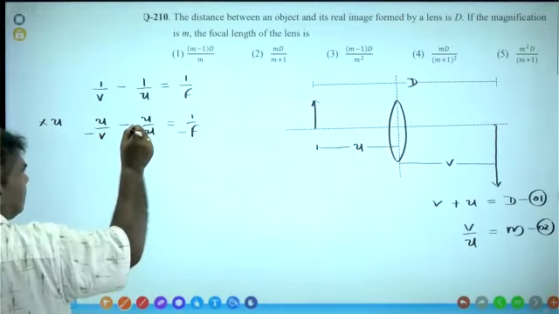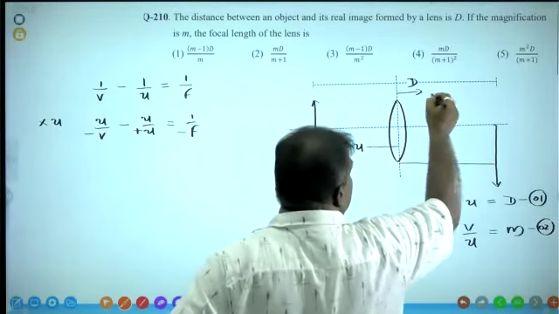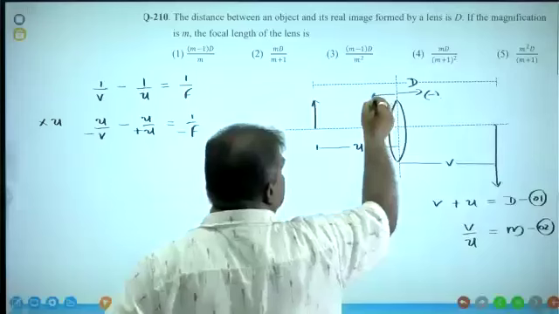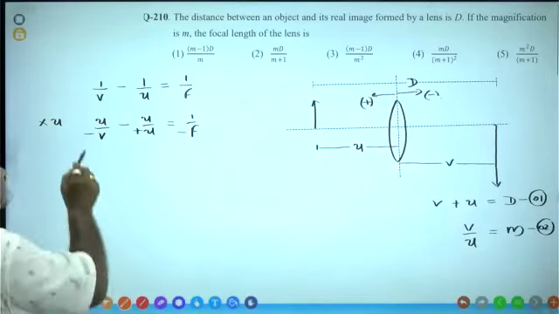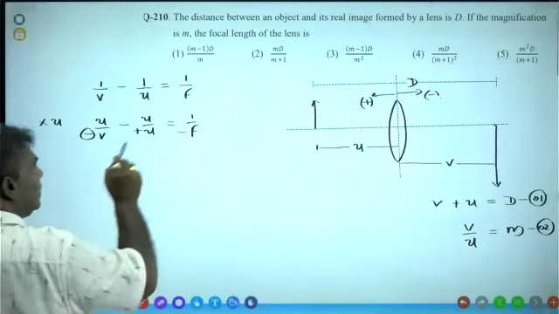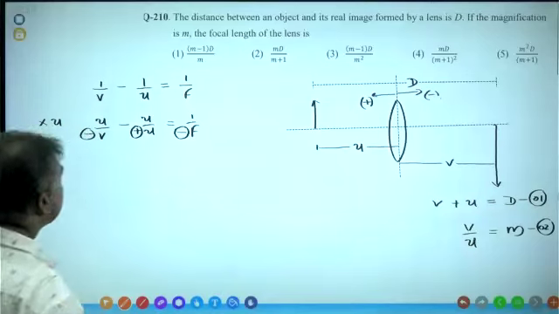Towards the direction of light rays is minus sign, backward is plus sign. So V minus U plus F minus, right?